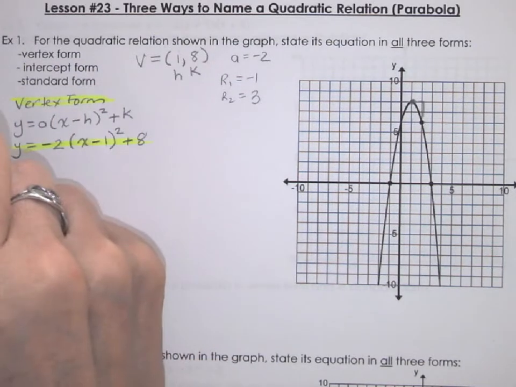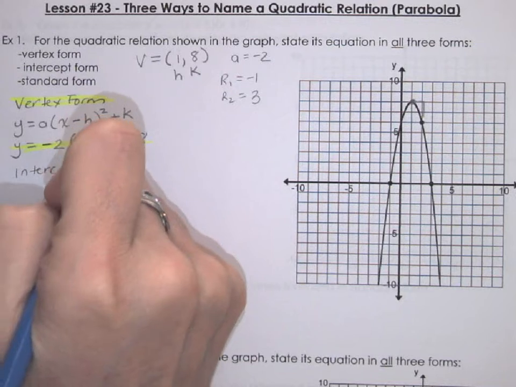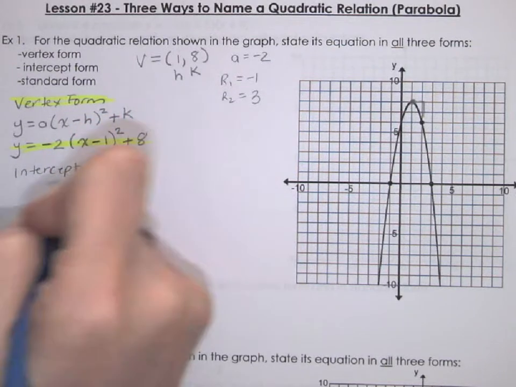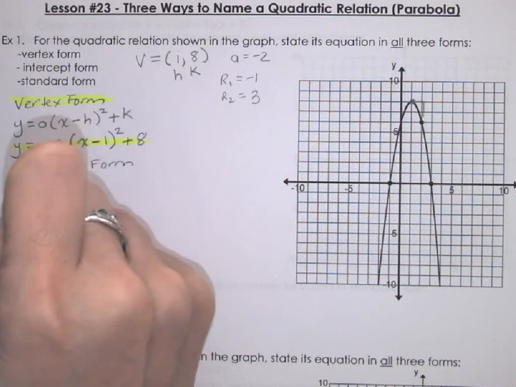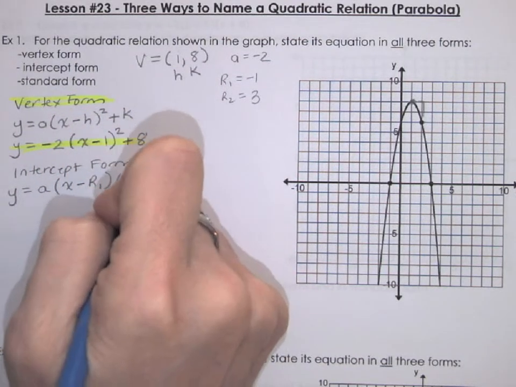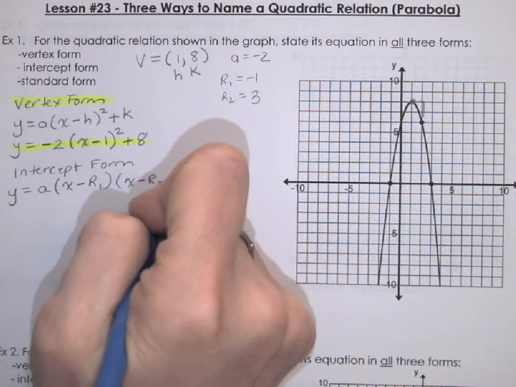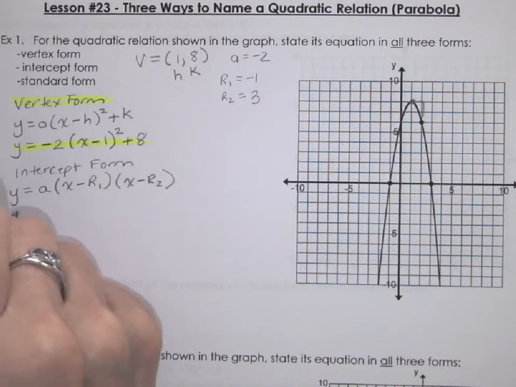Intercept form is going to be similar. We want to know the general formula for intercept form, which is y equals a, bracket, x minus r1 times x minus r2. Okay, intercept 1 and intercept 2, that's what r1 and r2 stand for.